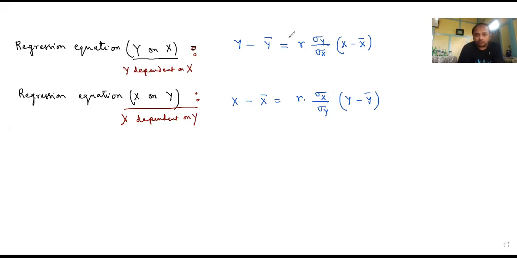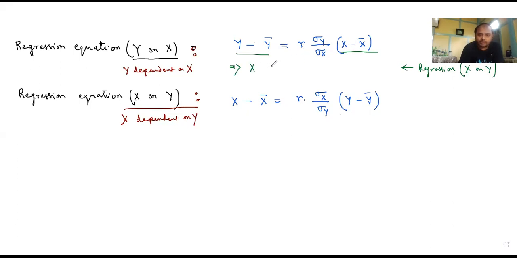Do not think that one equation can be derived from the other. Now, if someone thinks that, okay, y minus y bar is there, x minus x bar is there, and we want to find the regression equation of x on y, so we don't have to recall the second equation, we can derive it from the previous one.